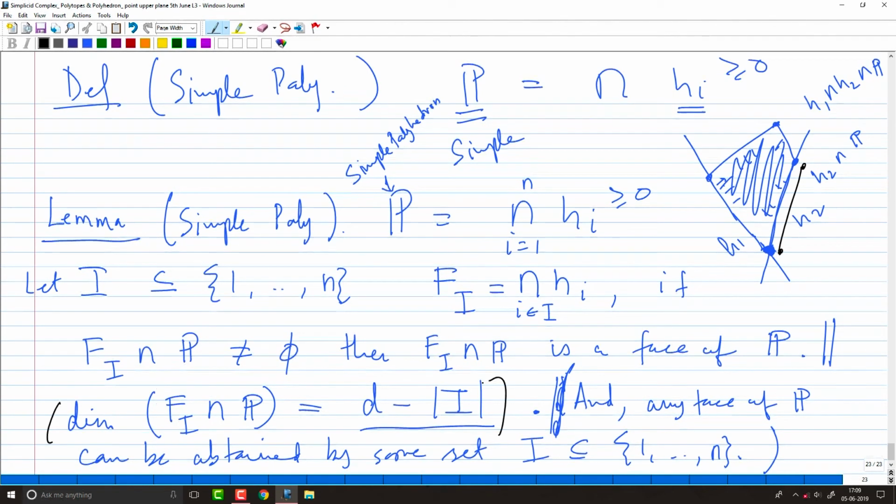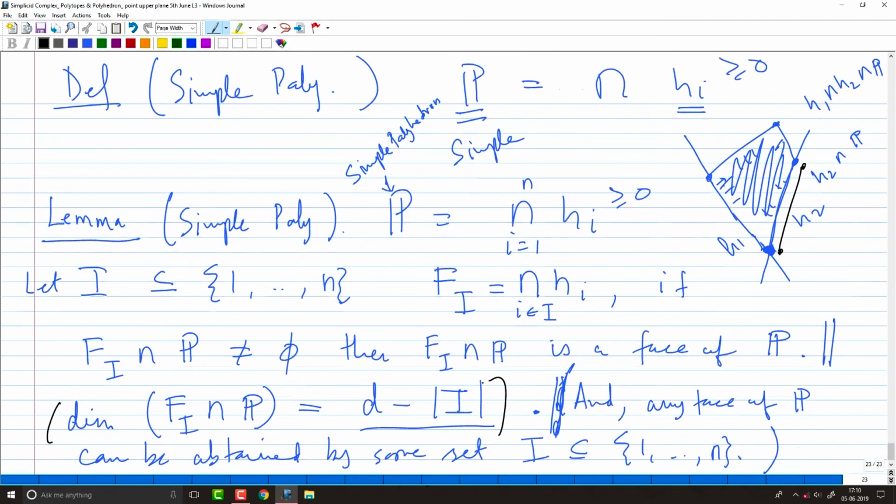To get the faces, you just have to find the hyperplanes which support the half spaces, take some subset of these hyperplanes, and intersect them with themselves and with the polytope. If it is non-empty, then it is a face. If you have a face of a polyhedron, then that can also be represented as an intersection of some hyperplanes and the polytope. That is it.